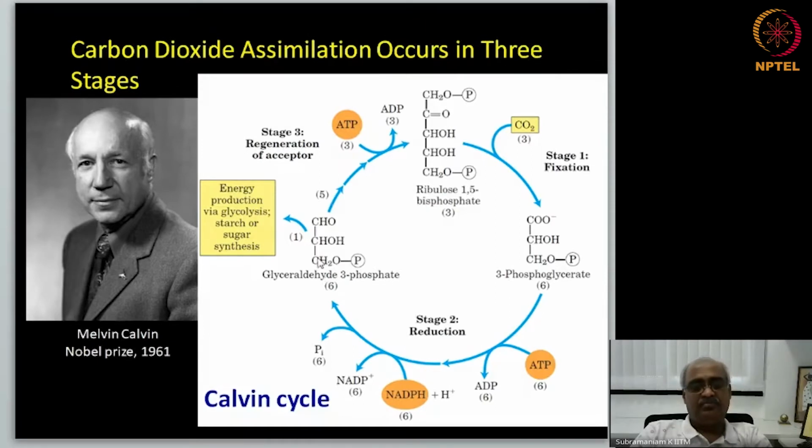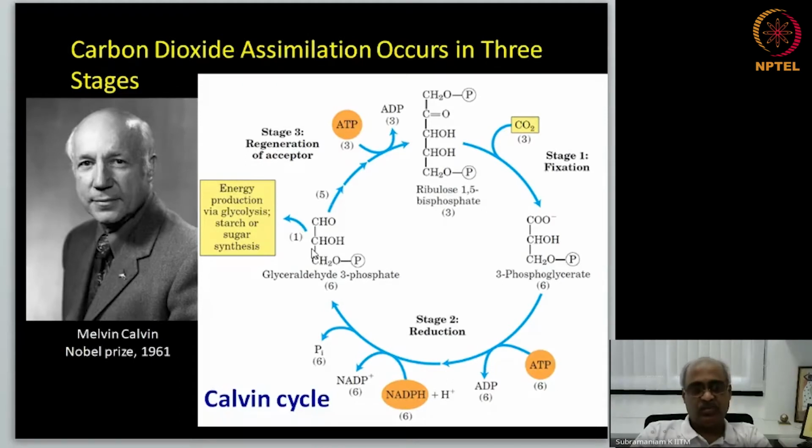And the third is the regeneration of the entry molecule, which is the Ribulose 1,5-bisphosphate. So to balance the stoichiometry, yesterday I told you the cycle starts with 3 molecules of this, and therefore 3 carbon dioxide. So you end up getting 6 3-phosphoglycerate, and after reduction 6 glyceraldehyde 3-phosphate.